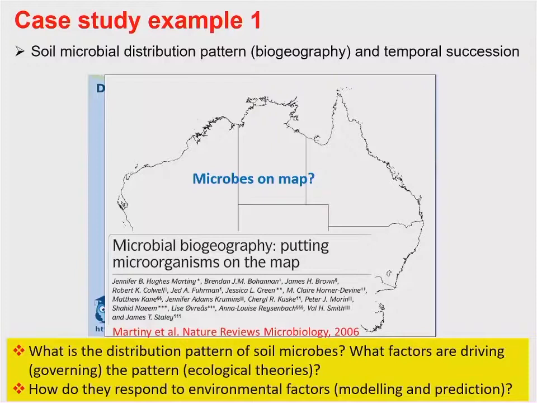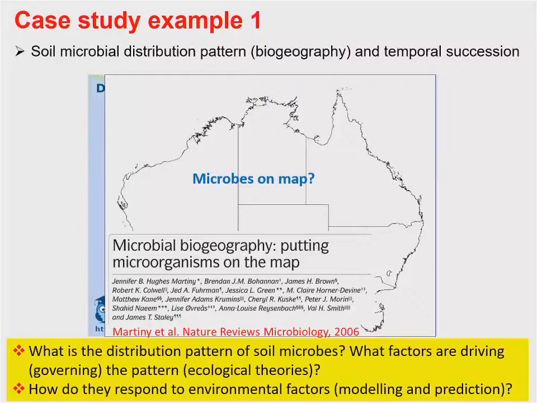So the basic question is, what is the distribution pattern of soil microbes? And then what factors are driving the pattern? This is basically more about the neutral theory or some different factors controlling the microbial distribution.